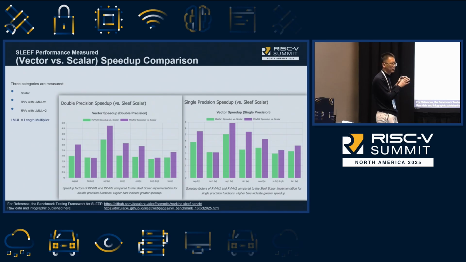Like for SVE, you have helperarmsve.h. For RVV, we have helperrvvm1.h, helperrvvm2.h. So for anybody who wants a comparison between how ARM SVE and RISC-V RVV implementations are, the intrinsics mappings between the two architectures, SLEEF is a good project to look at.